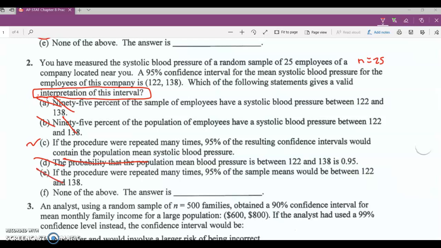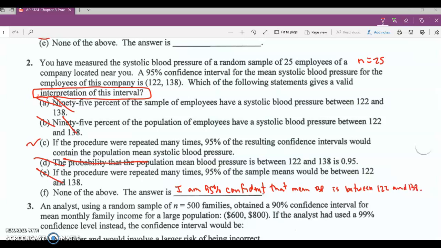So although C is a true statement, because I have this none of the above, I think the answer is, my interpretation is, I am 95% confident that the mean blood pressure is between 122 and 138.